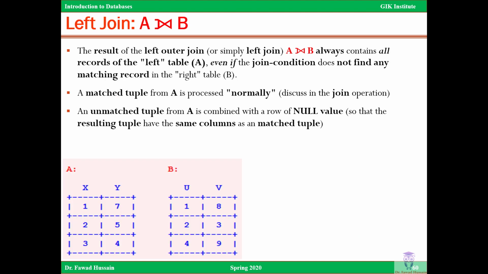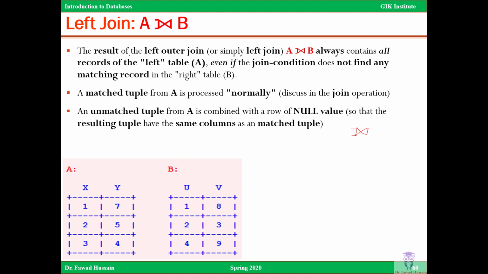So consider the left outer join. This left part here is a representation of the left outer join. So you simply have something like this, and then you add this to denote that this is the left outer join.